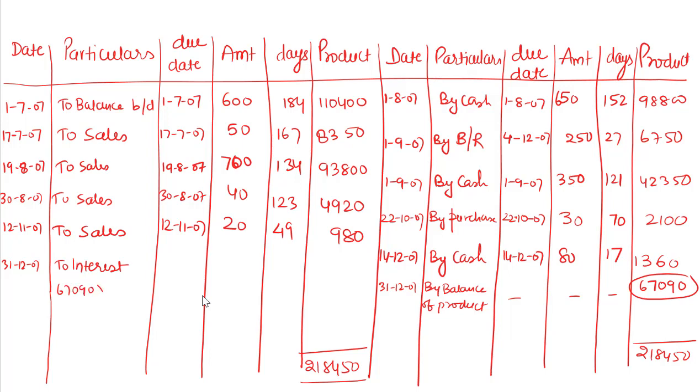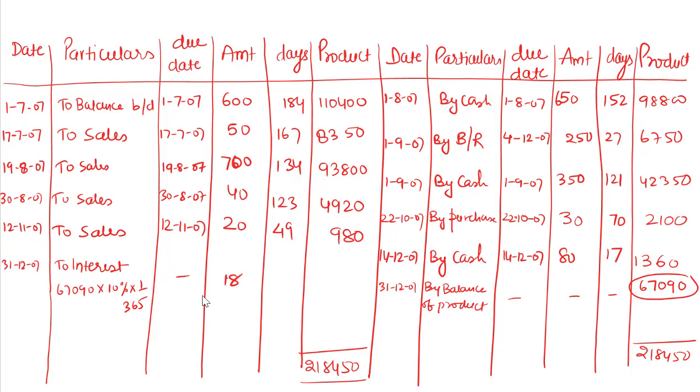67090 multiplied by 10% multiplied by 1 upon 365, in amount column 18. Do the total of amount column on both sides and see which side the balancing figure comes on. 600 plus 50 plus 700 plus 40 plus 20 plus 18, 1428.